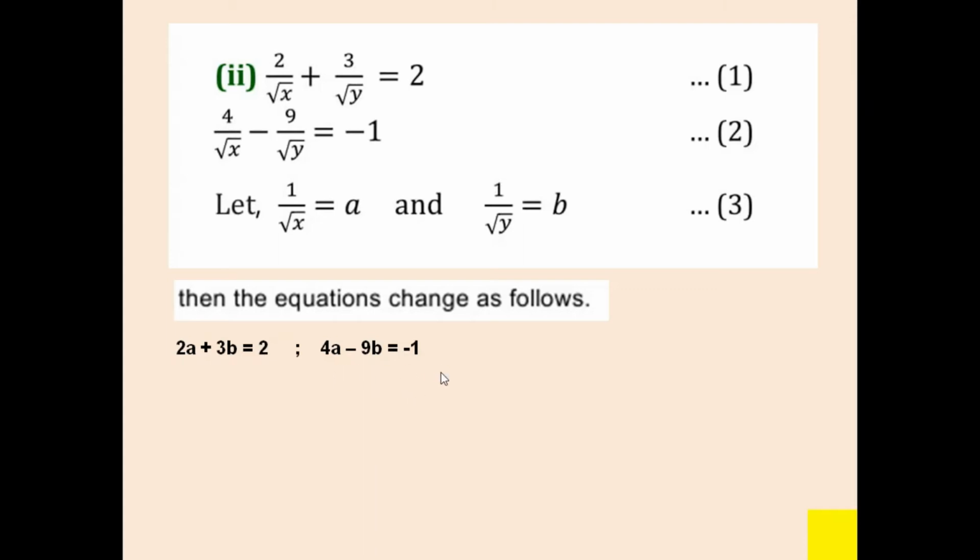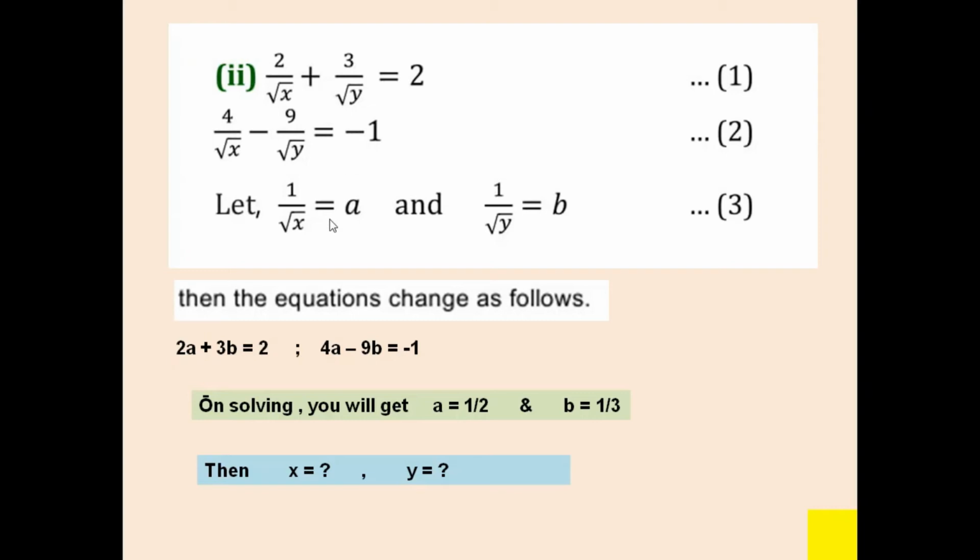And I'll use the elimination procedure. On solving, I get a equal to 1 by 2 and b equal to 1 by 3. But when that happens, these are not the final answers because these are our assumptions. The question was given in the format of x and y. So what would be the value of x and y in this particular case?